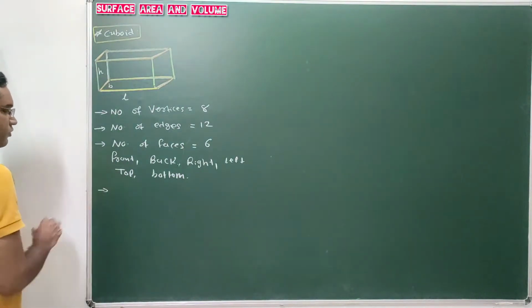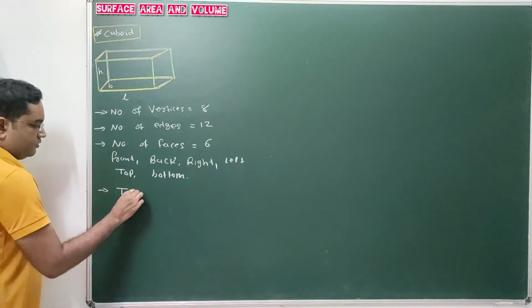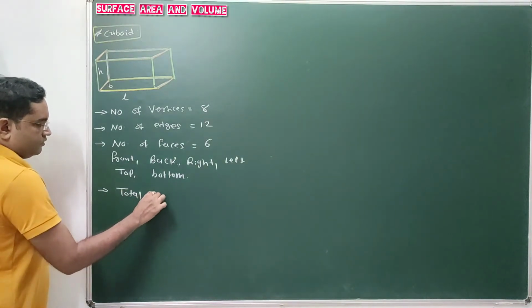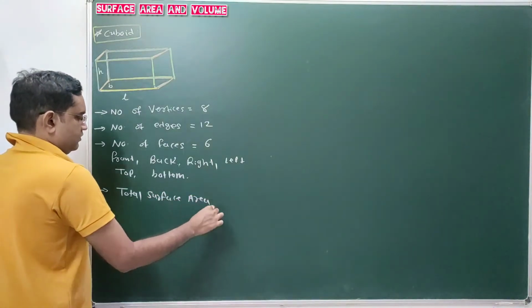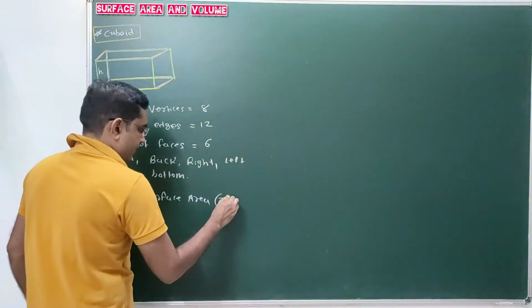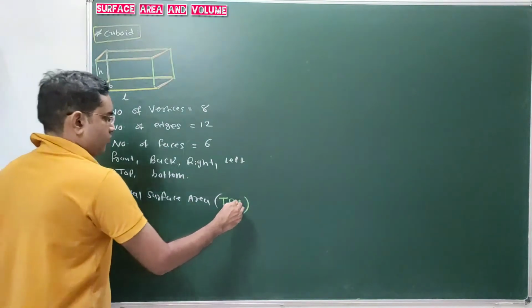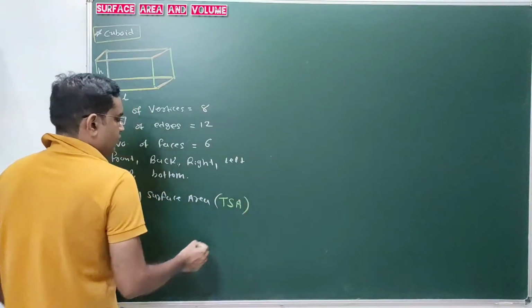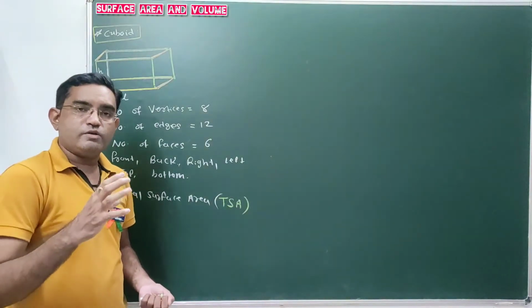Now we have to consider total surface area. Total surface area of a cuboid is represented by TSA. Total surface area of a cuboid is nothing but the total area of all the faces.